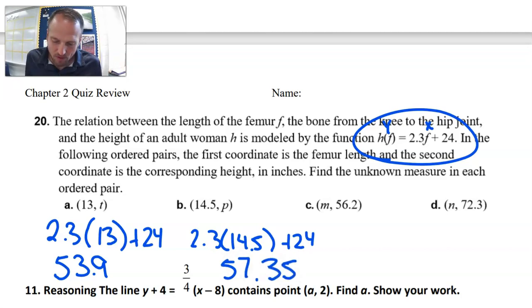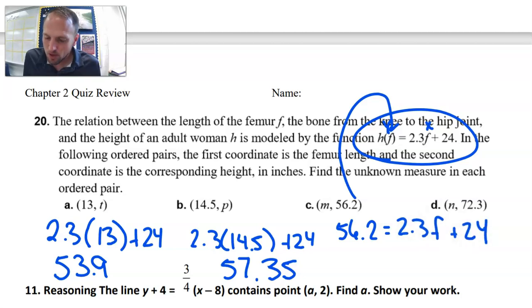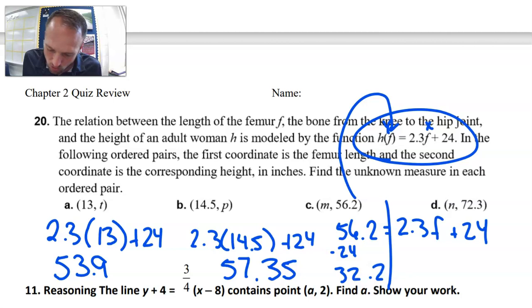57.35. Okay? Now letter C, this is going to be just a teeny tiny bit more difficult. This time we know our y, so that's going right there. So we've got 56.2 is equal to 2.3F plus 24. Subtract the 24 over, minus 24. This is going to be 32.2 is equal to 2.3F.